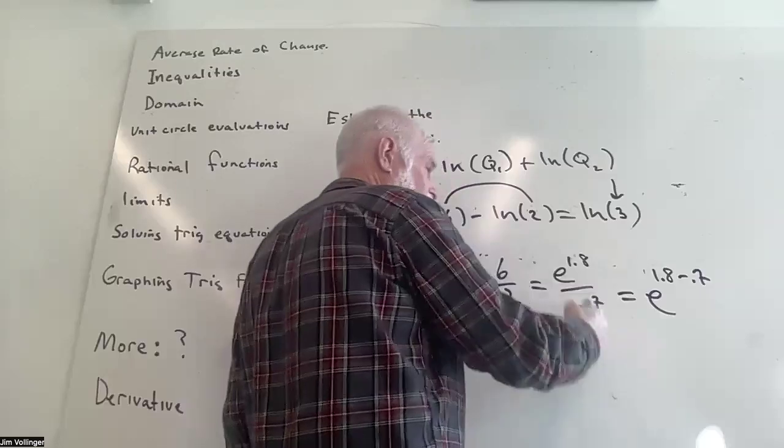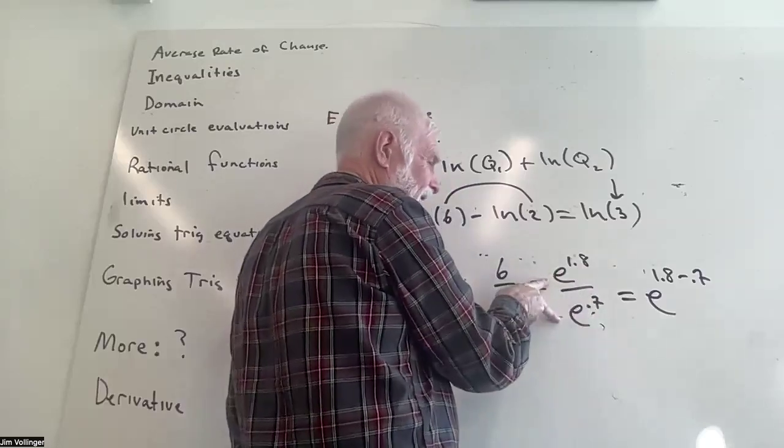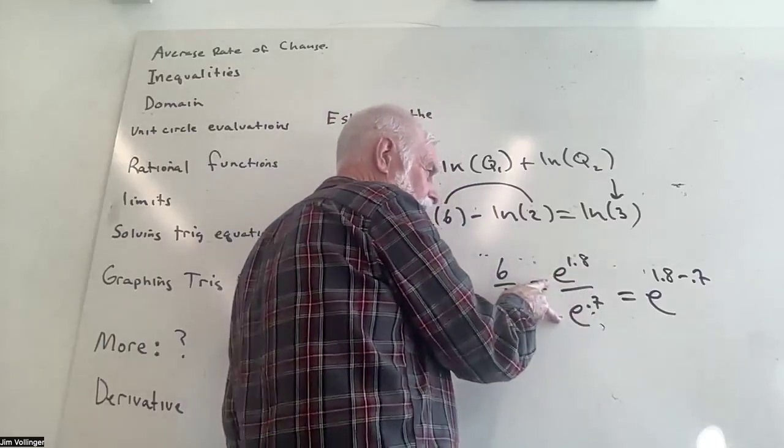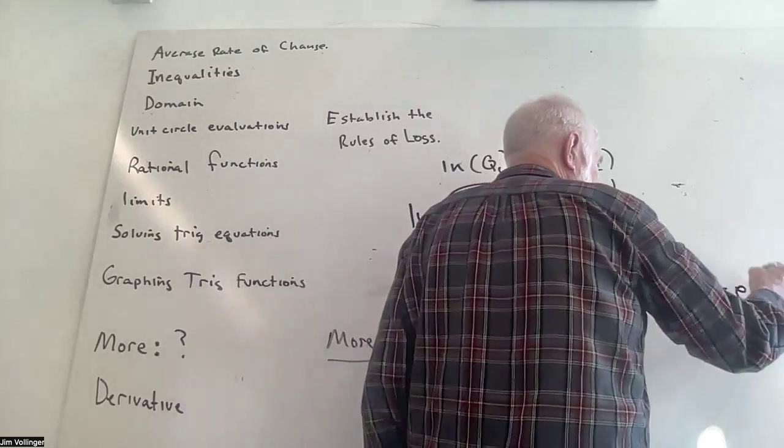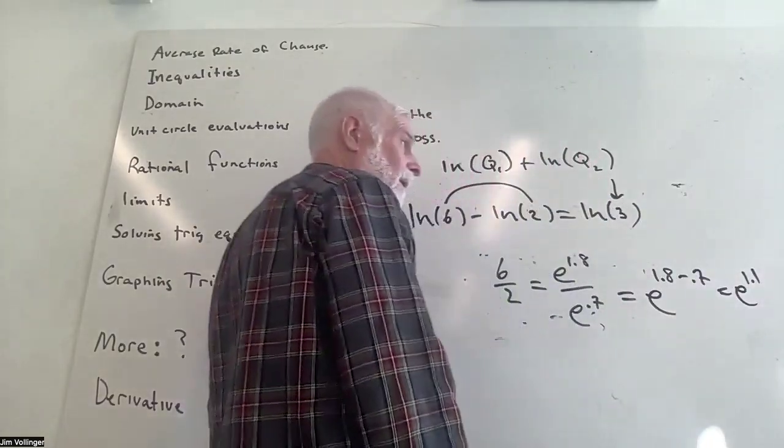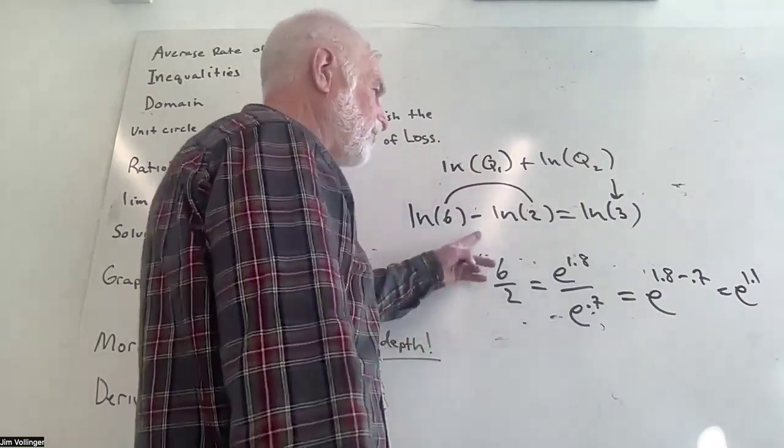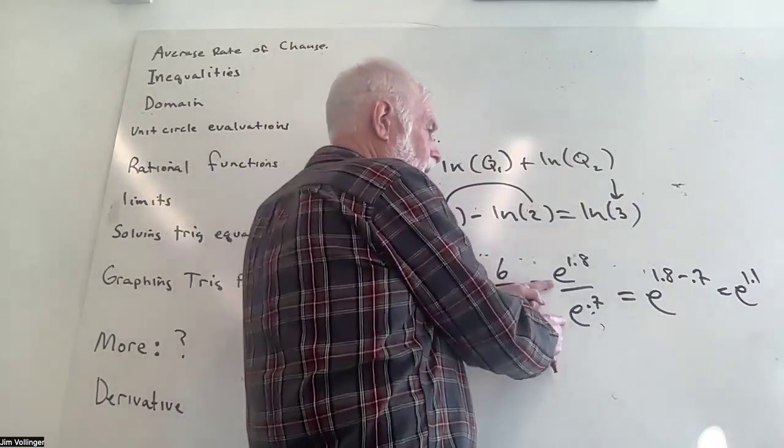That's the rules of exponents that govern those quantitative divisions. And I do believe that's e to the 1.1. Sure seems like subtraction implies division of quantities.